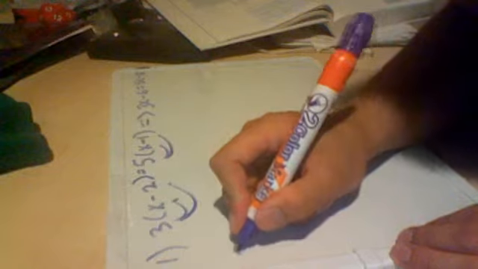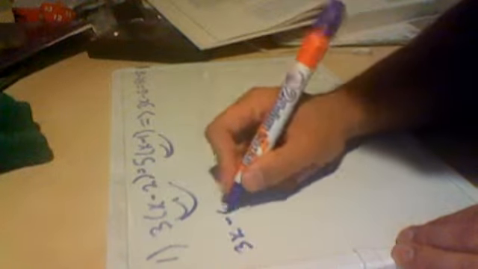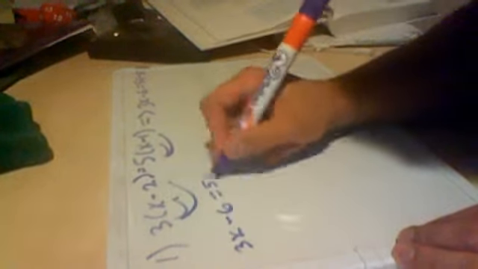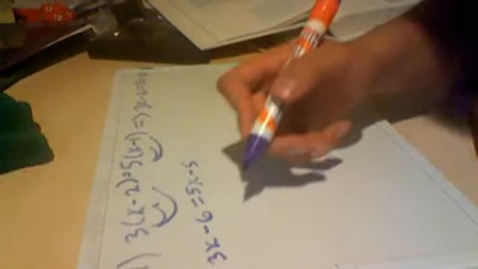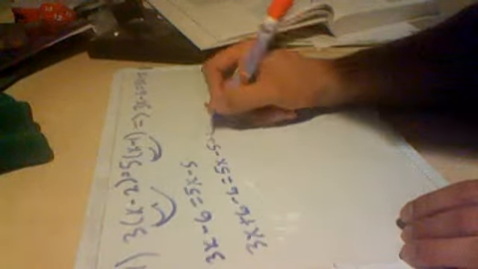Let me write that down on this other side of the board to make it easier. We have 3x minus 6 equals 5x minus 5. What to do from here? If I add a 6 to the left side of the equation and a 6 to the other side, which is what I have to do in order for the equality to stay equal, I find that 3x plus 6 minus 6 equals 5x minus 5 plus 6.